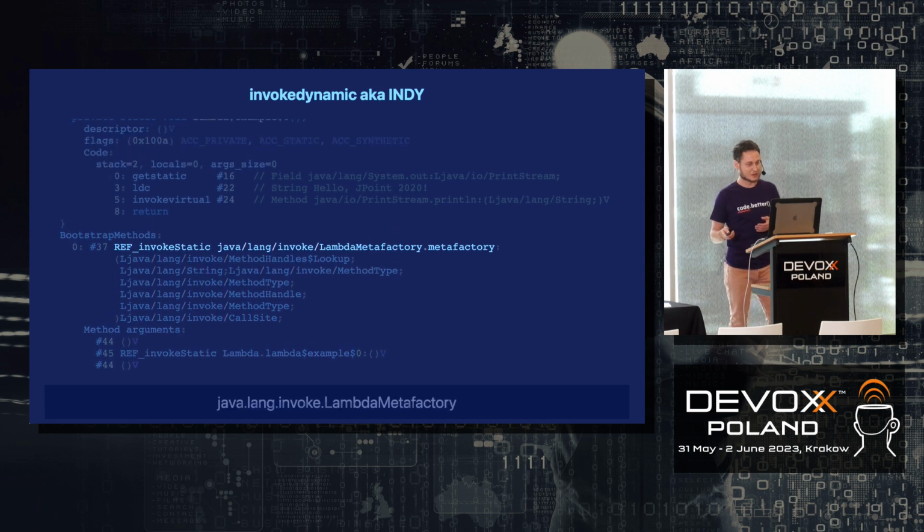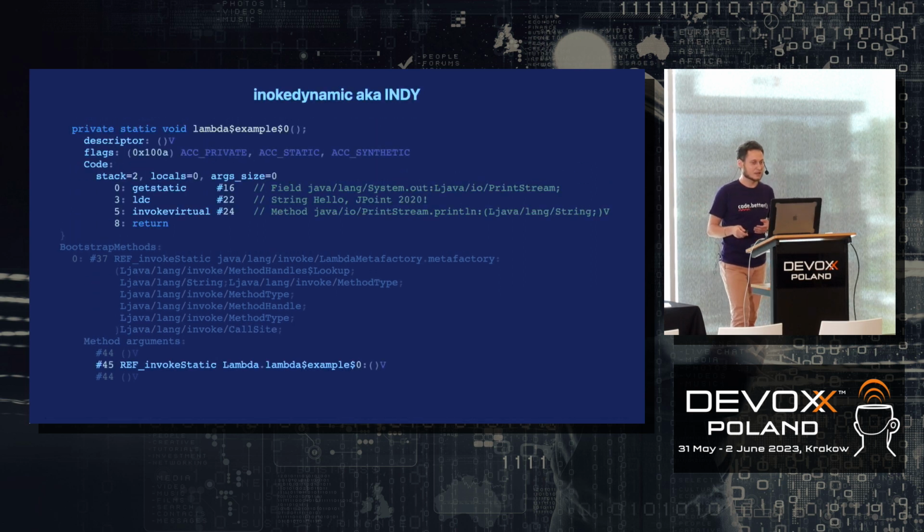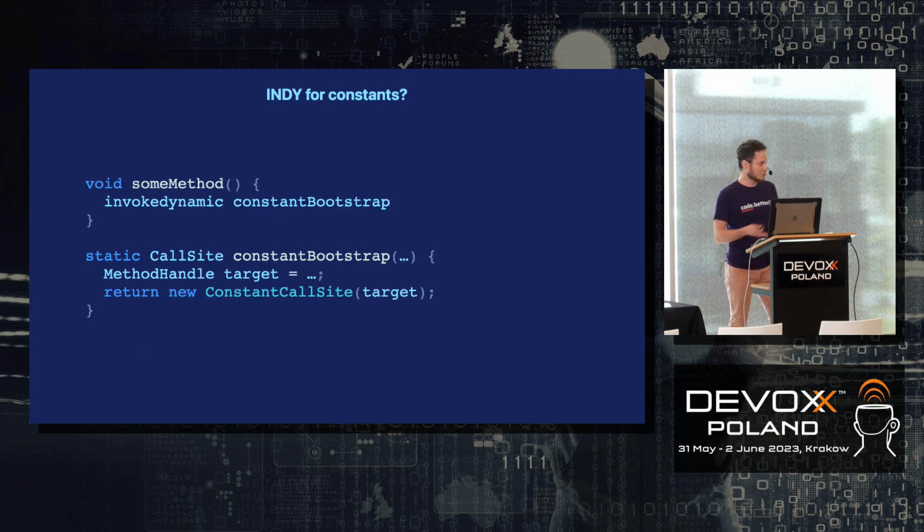In the case of lambdas, the bootstrap method is the so-called LambdaMetafactory. LambdaMetafactory constructs a call site, which holds a method handle that is going to do the invocation, and LambdaMetafactory constructs a special object representing the lambda from the body of another method that got compiled into your class file, which is not at all the same method as our example, but another method. This method holds the actual body of the lambda. So this is a little recap of how lambda works under the hood.